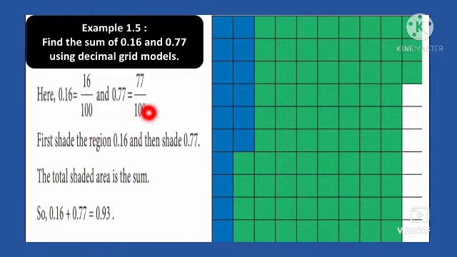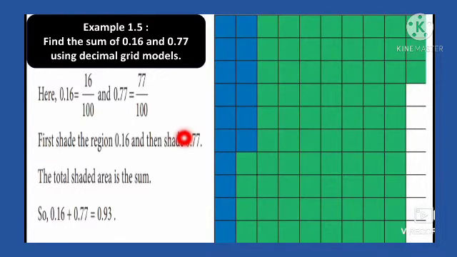And here we know that 77 out of 100. Now children, let us represent 77 by 100. In total there are 100 equal squares, so 77 out of 100 are shaded in green color.